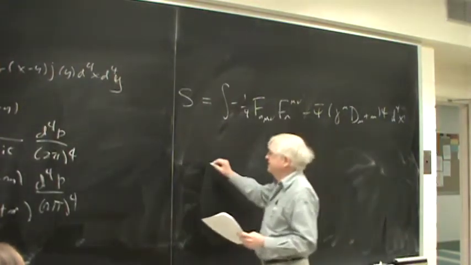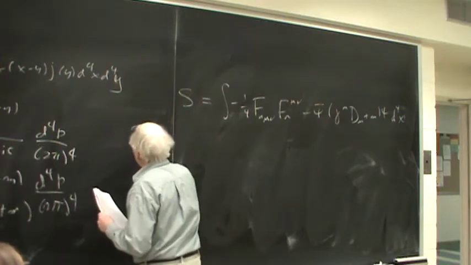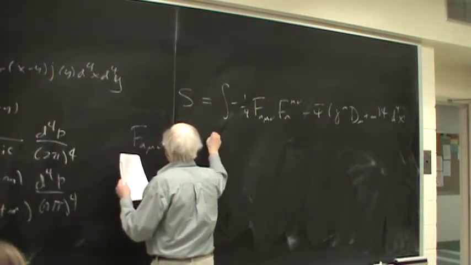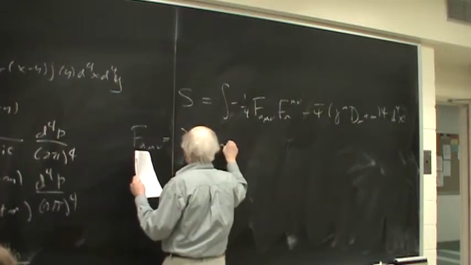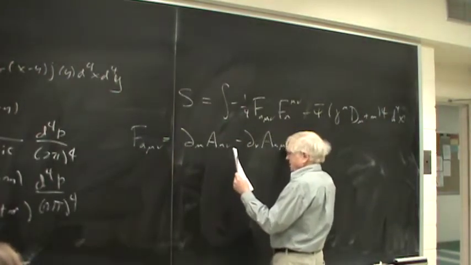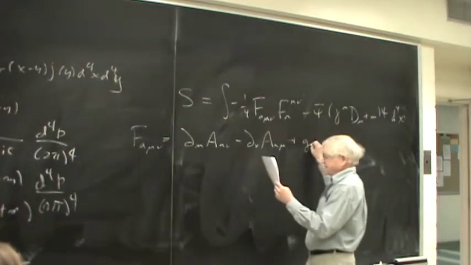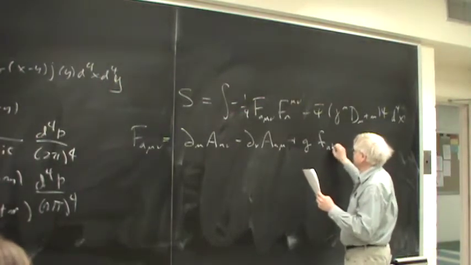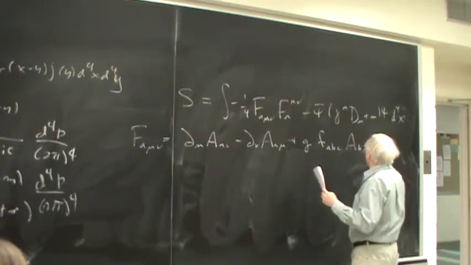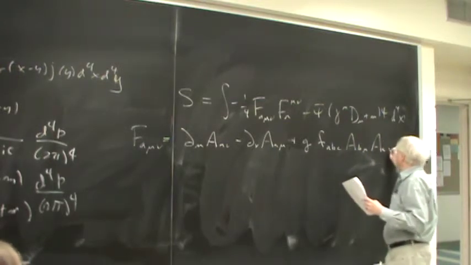So what's F^a_{mu nu}? This is d_mu A_nu minus d_nu A_mu, and then plus a coupling constant times the structure constants f^{abc} A^b_mu A^c_nu.